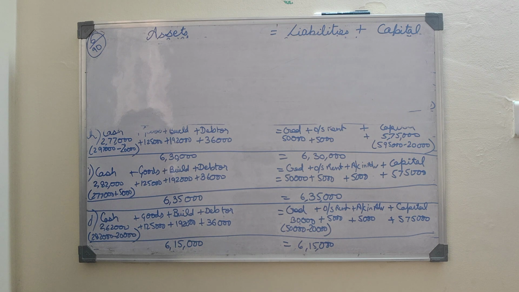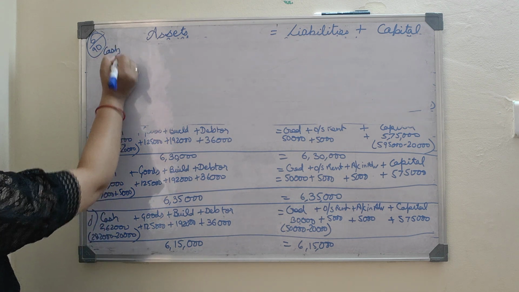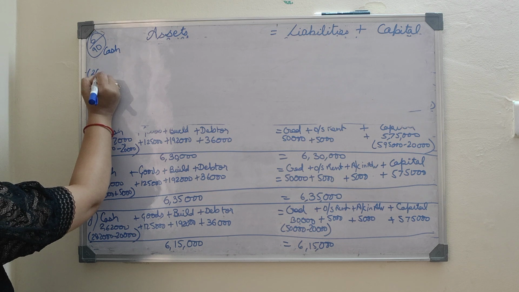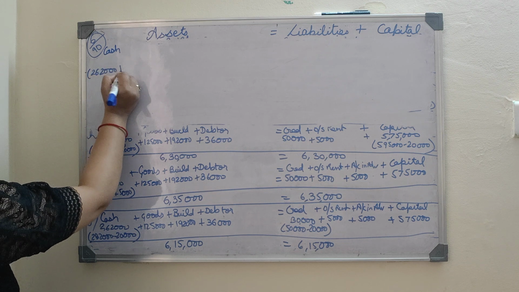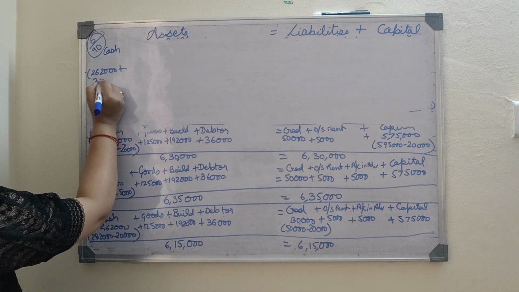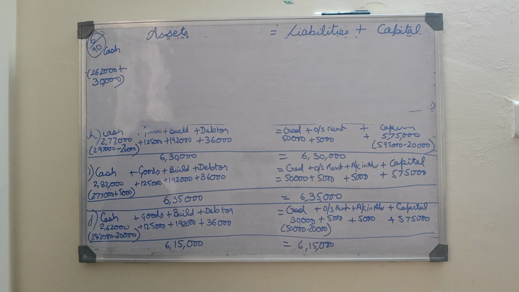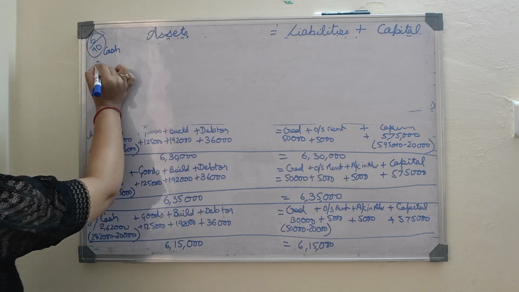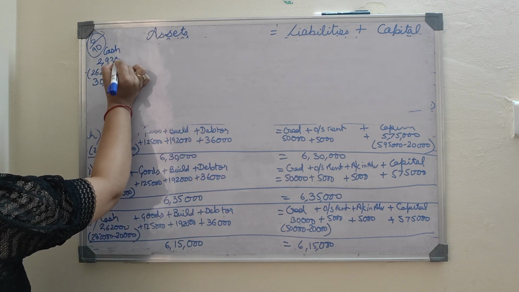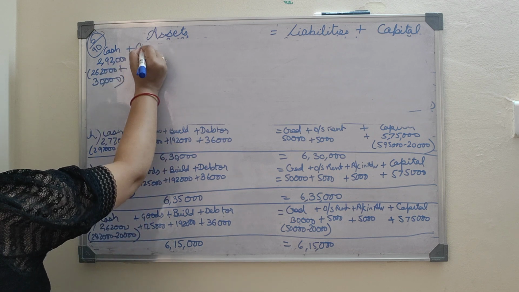Cash received from Ashu. Ashu is our debtor, right? So we have received cash. So it means we have received 30,000. So over here with cash, it was 2,62,000 plus how much I have received? 30,000. Right? So 2,62,000 plus 30,000 comes to 2,92,000. Other things remain the same.